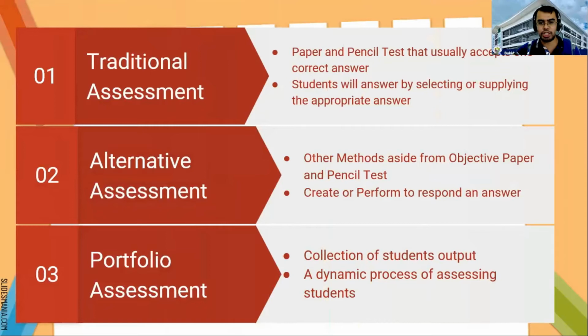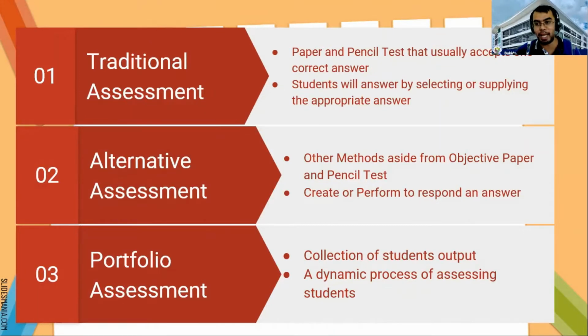When we say traditional assessment, it refers to paper and pencil test that will accept one correct answer. So usually you cannot debate with the teacher if that is the correct answer or not. If your answer is not the same as the answer key, usually you won't get the correct answer. And students will express their answer by selecting an answer from the options, or they are going to supply the appropriate answer.